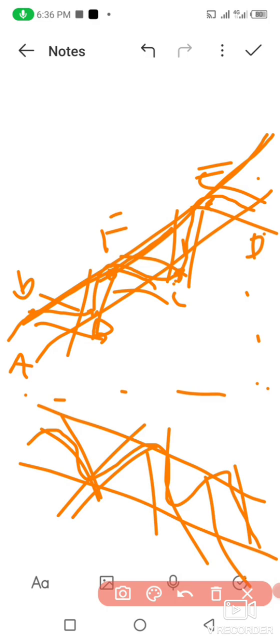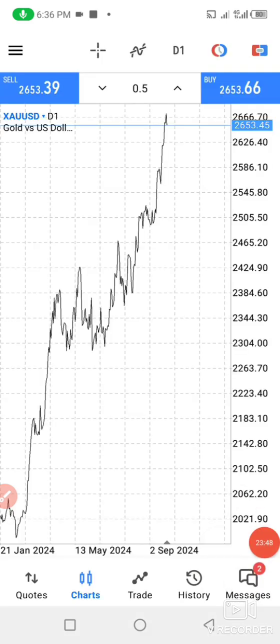So I'm going to the chart to start explaining everything. Right here, this is our USD, and we need candlesticks to understand what is happening here. This is the daily time frame.